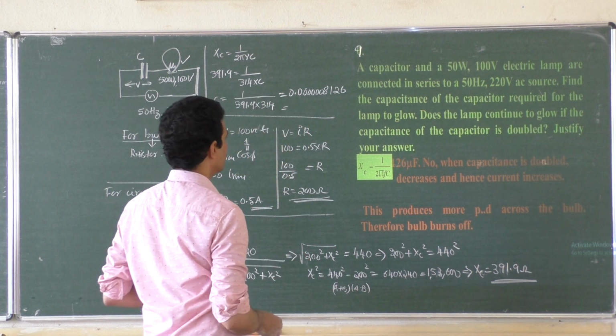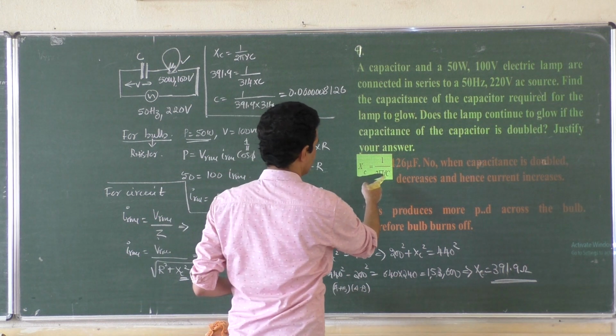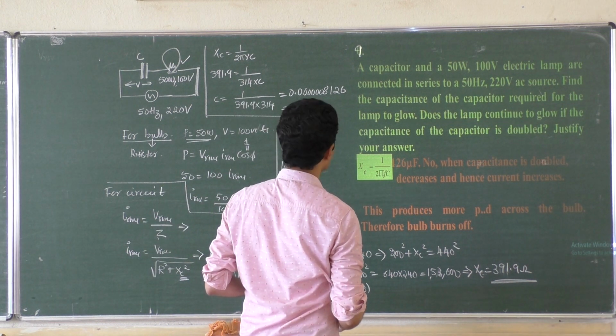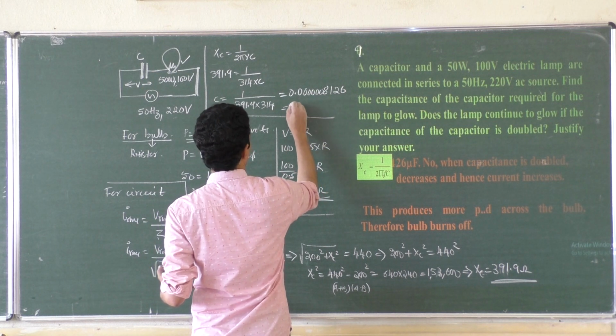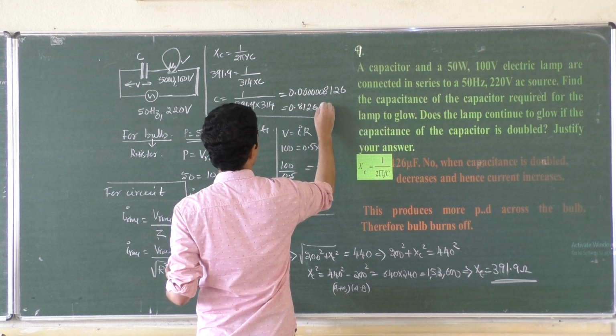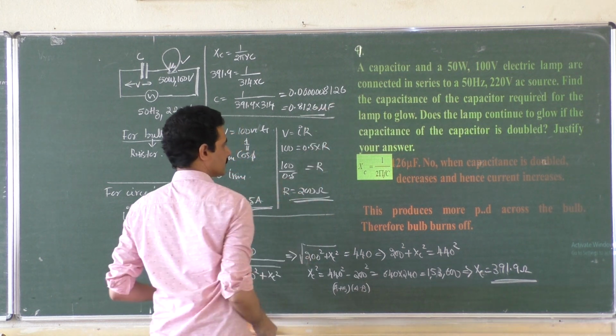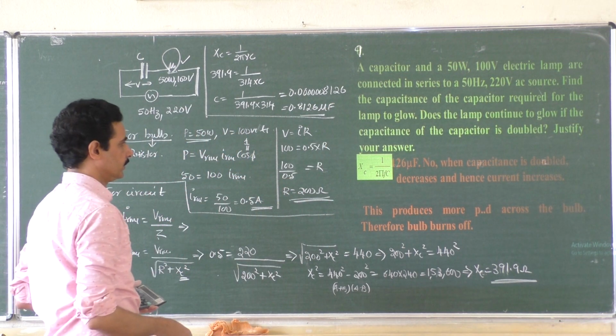It is 8.126 microfarad, so it is 0.8126 microfarad. This is the capacitance of the capacitor to be put.